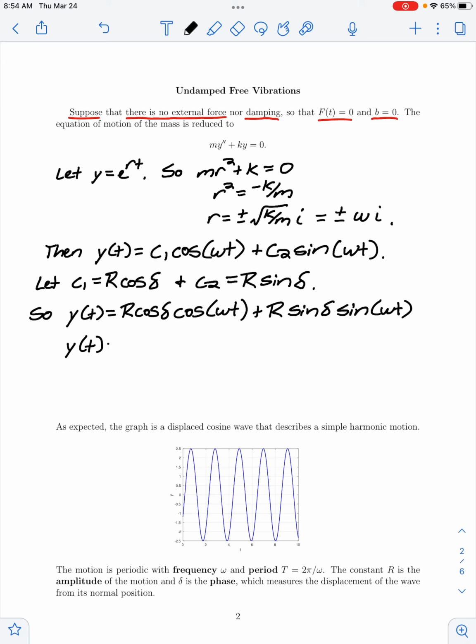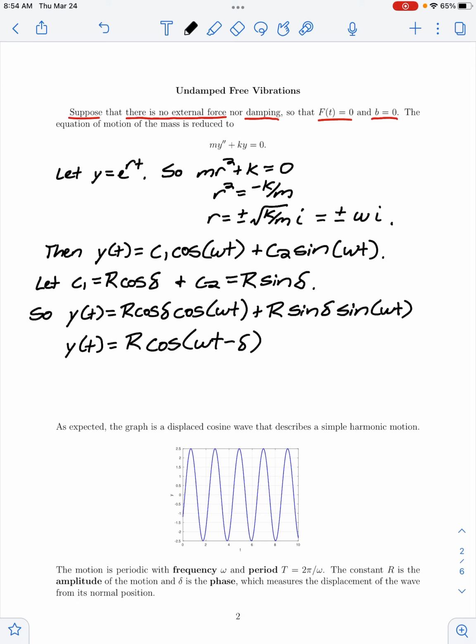So I could factor out a constant R from each term. And what I'm left with, cosine delta cosine omega t plus sine delta sine omega t, is equal to cosine of omega t minus delta.